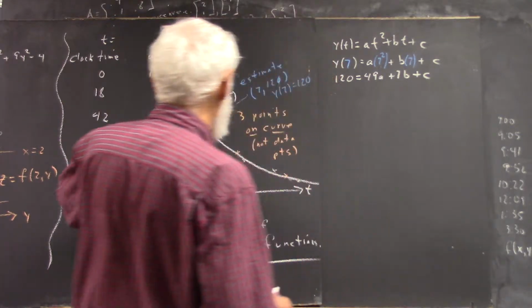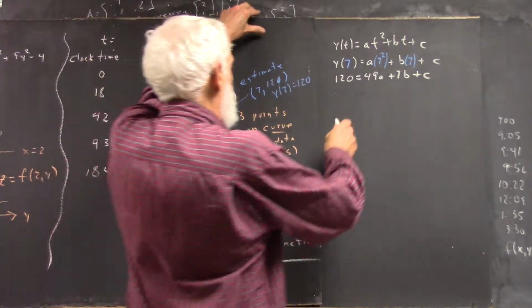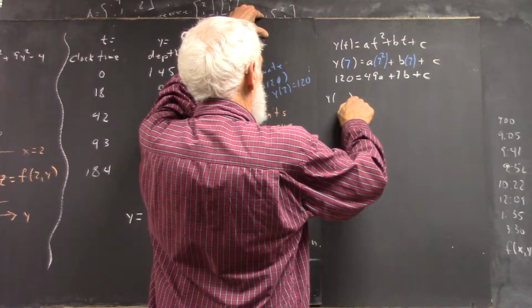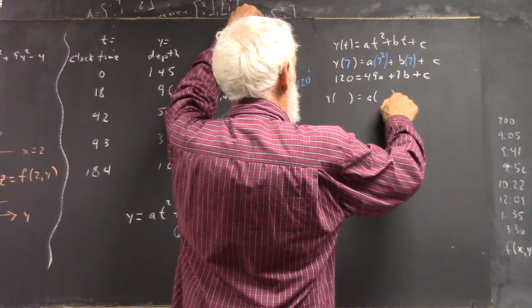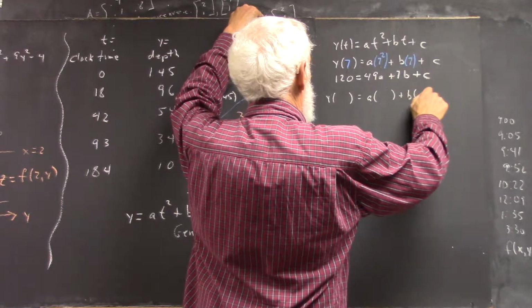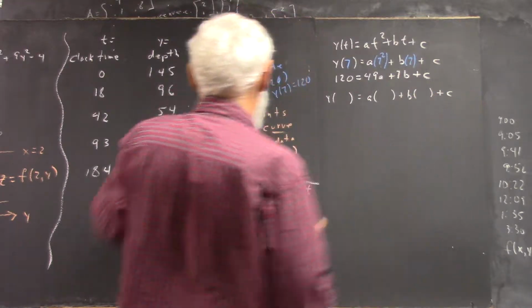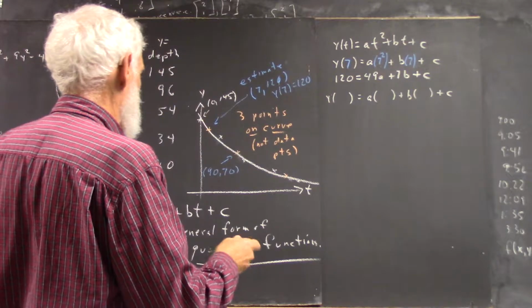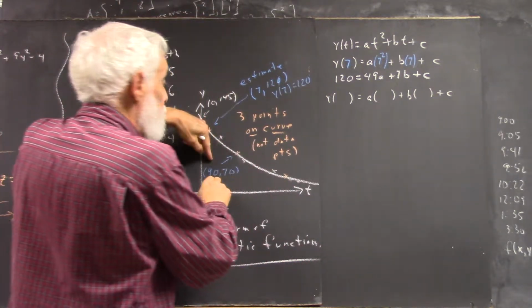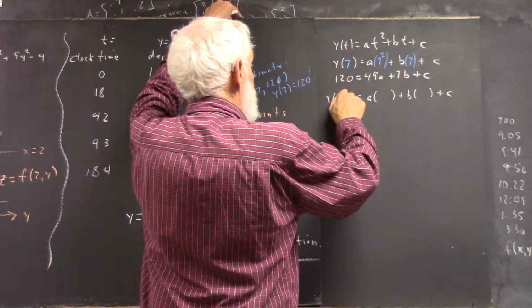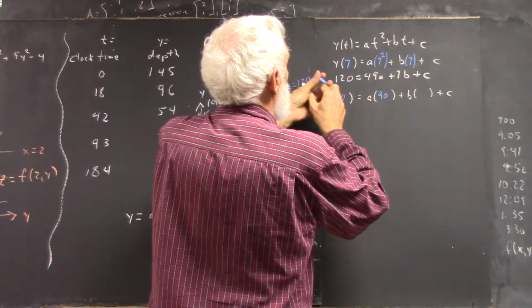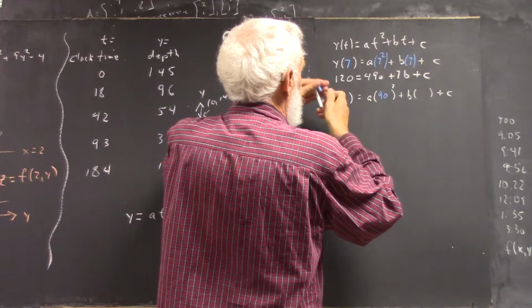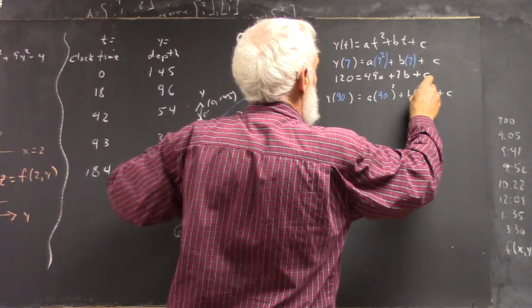So, if we do that, we get y of t, well, t is 90. And of course, I'm just going to substitute for the t's.